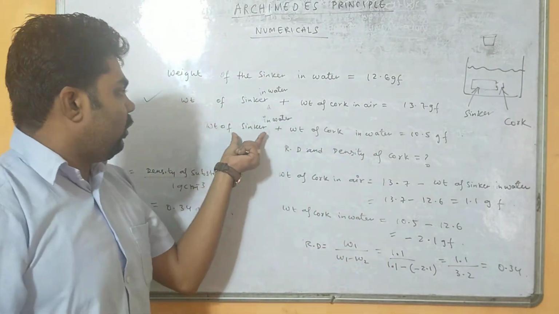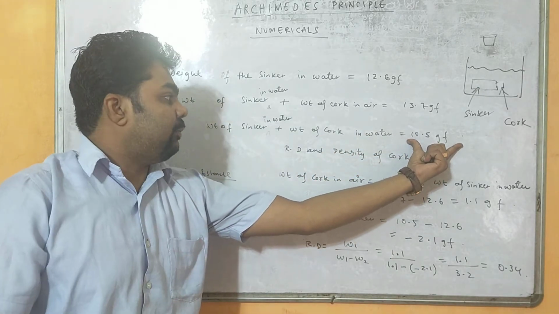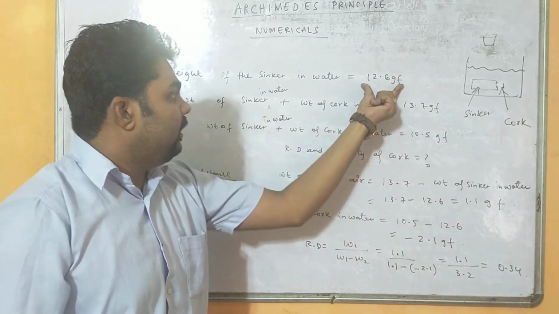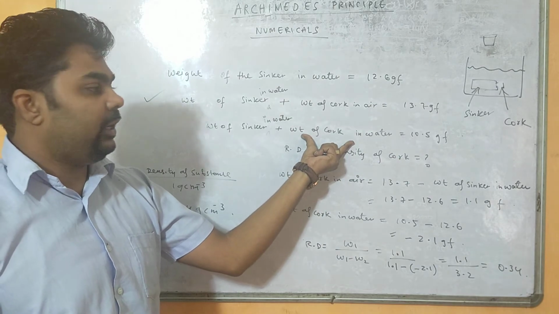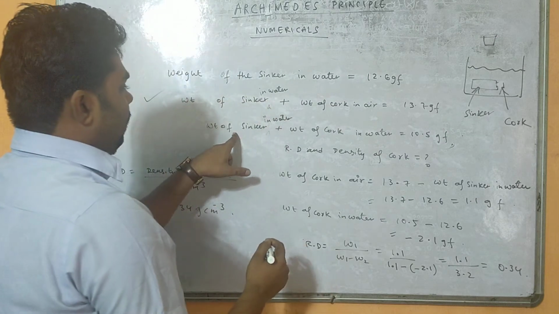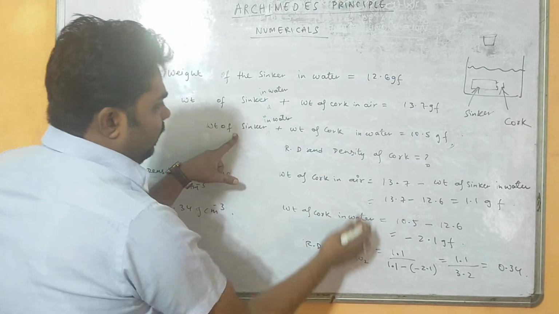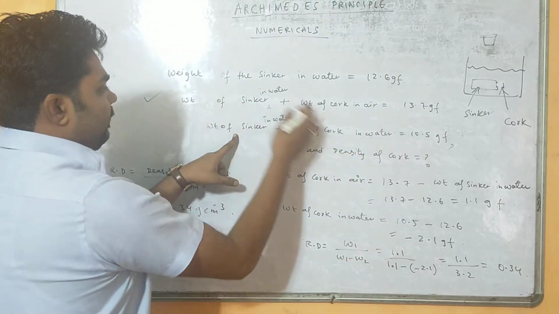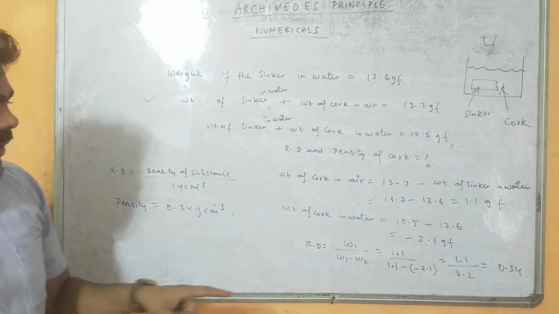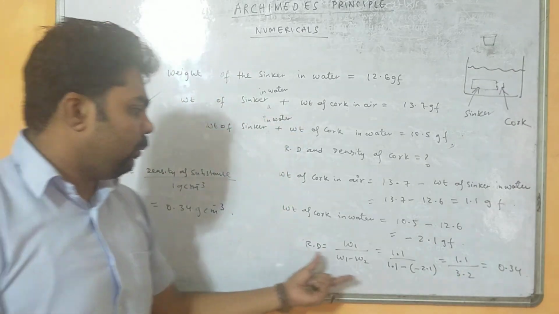The total weight of sinker plus cork in water is 10.5. If we subtract weight of sinker in water, which is 12.6, from 10.5, then we get weight of cork in water, right? So W2 equals 10.5 minus 12.6, so you will get minus 2.1 gram of force. Now if you substitute in this formula, you will get 0.34. So 0.34 is the relative density.